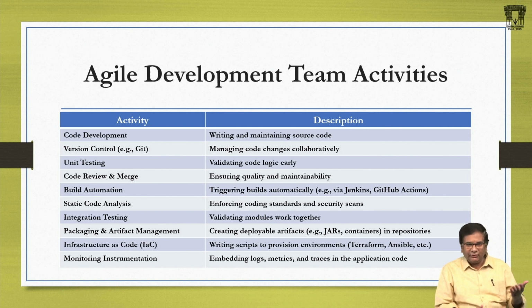Unit testing needs to be done by developers. They write unit tests just to make sure that their code is working as per their expectations, validating code logic very early. This is different from test cases written by the testing team.